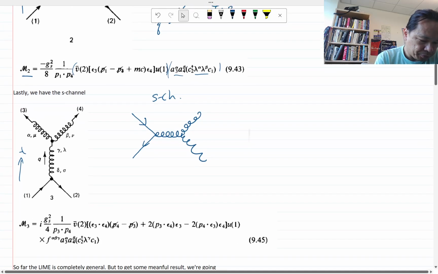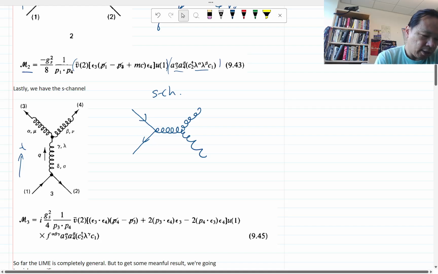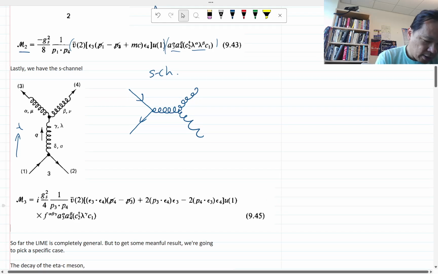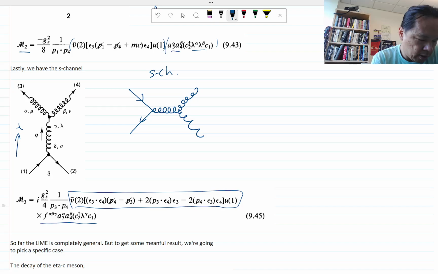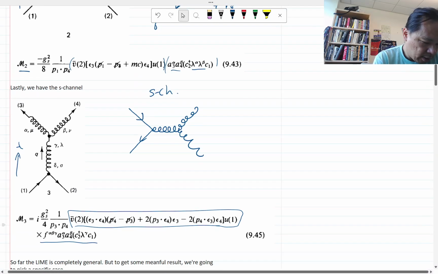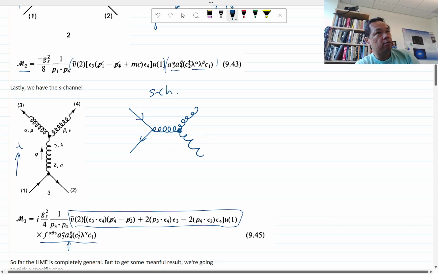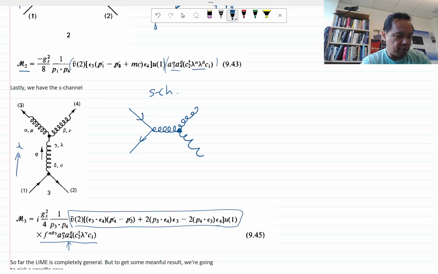In this case, we do all the Feynman diagram stuff once again. What you end up with is this, where this part deals with the spinor part, and then you also have the color factor here. This one is a little bit different, because right now you're dealing with this gluon, the 3 gluon vertex.